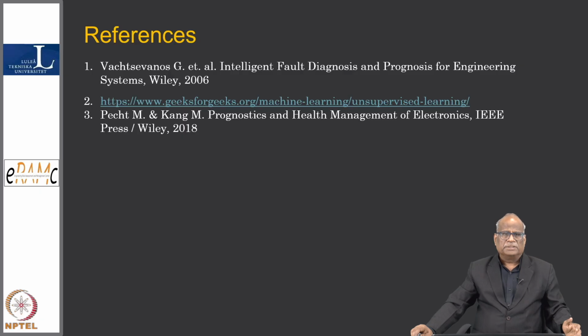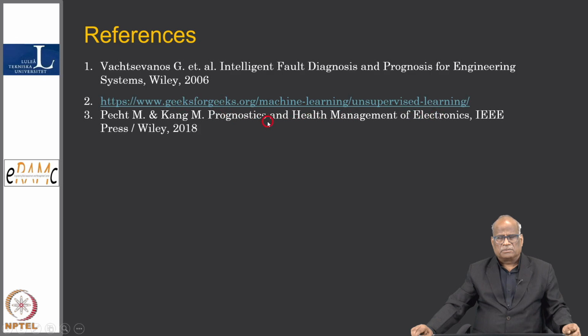Of course, these three literature sources: one is the book by Professor Pecht and Kang at University of Maryland, the Prognostics and Health Management of Electronics. In fact, this lab, CALCE, the Center for Advanced Life Cycle Engineering, is working on electronics PHM.